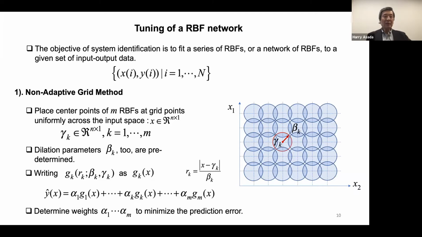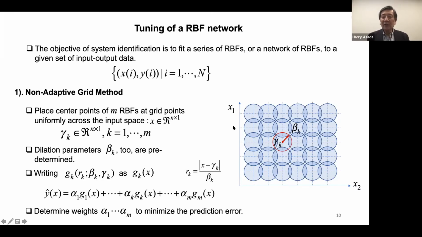First one is what I call the non-adaptive grid method. This one is straightforward in a sense, but it's not so efficient. So we need to put together the series of radial basis functions in this way, right? An easy way is to put these radial basis functions at every grid in the input space.